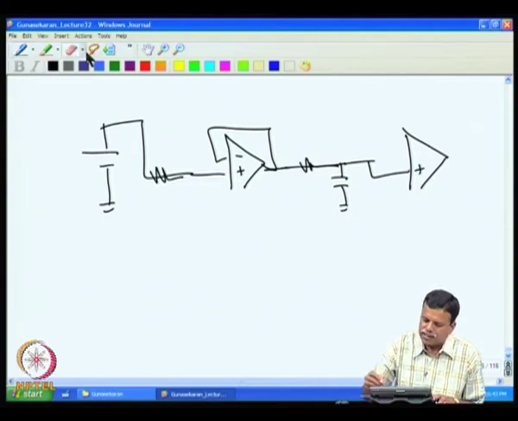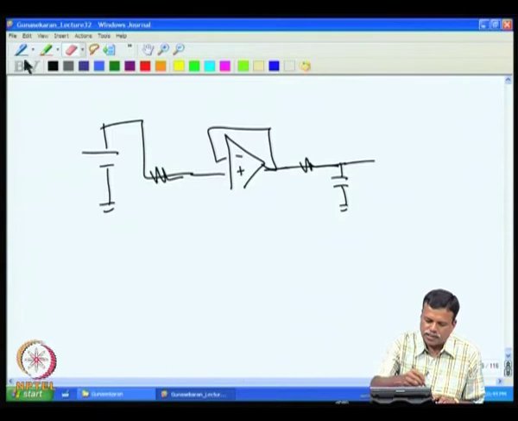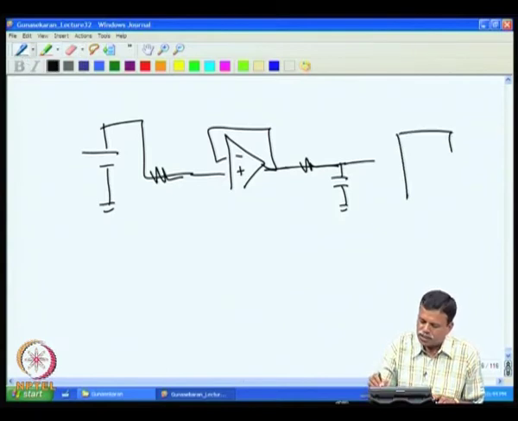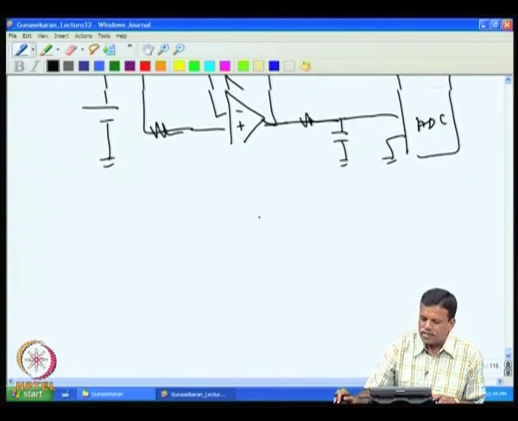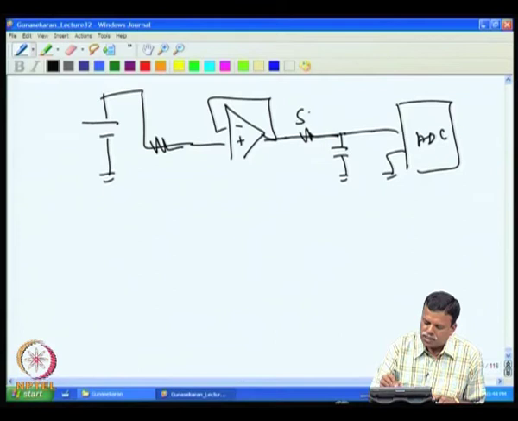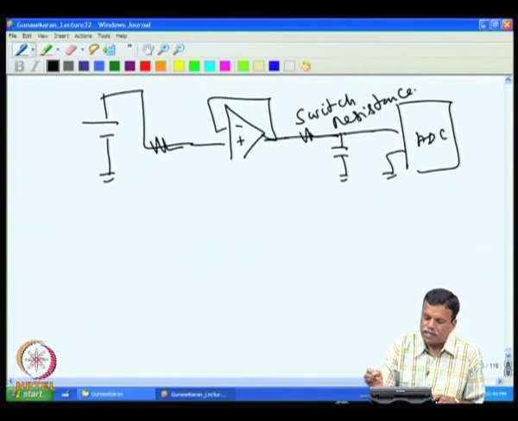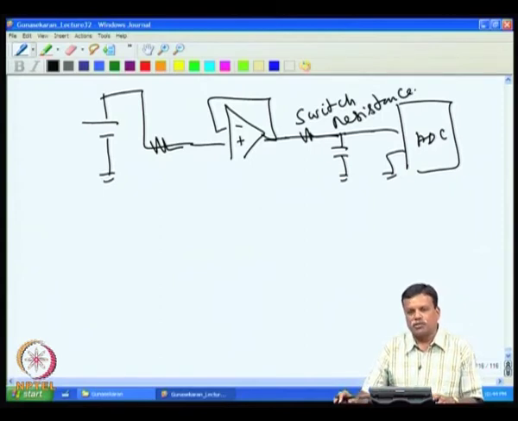So, only the switch resistance is there, which can be very small. So, the charging time can be reduced to a few microsecond.